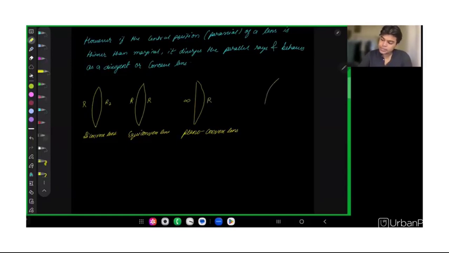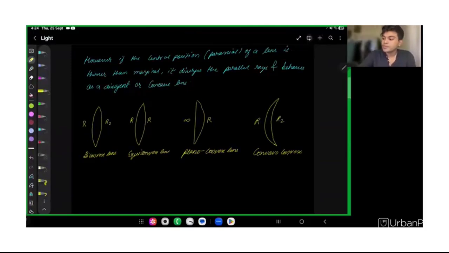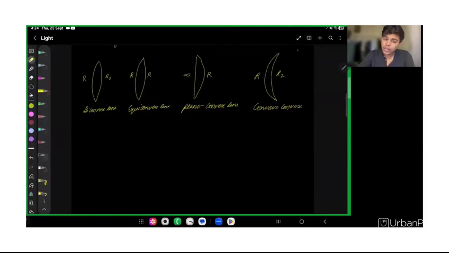Concavo-convex lens, with R1, R2, right? Now I'll talk about biconcave lens. Next, equiconcave lens.